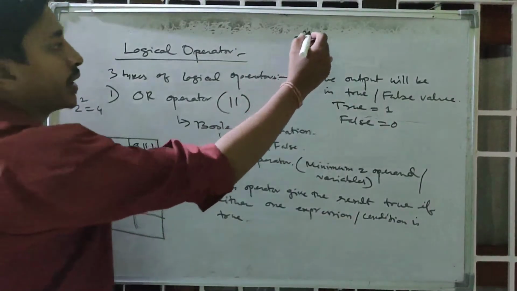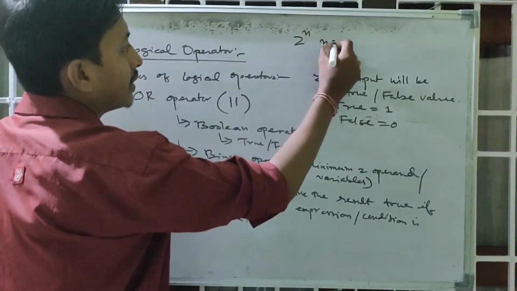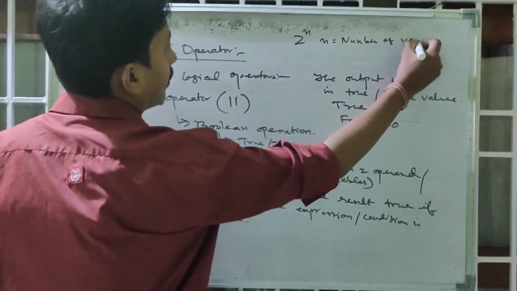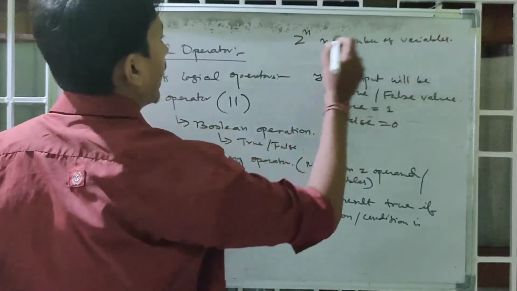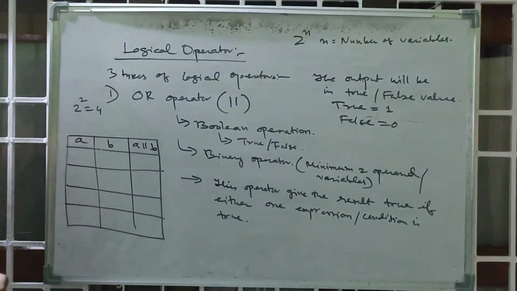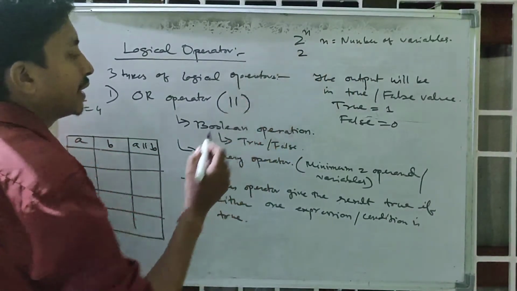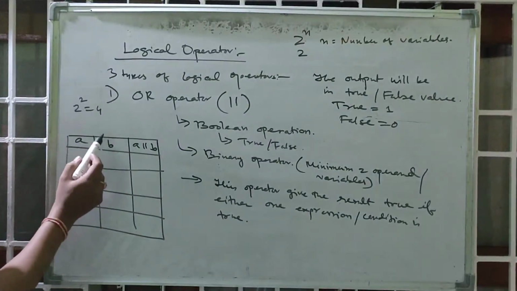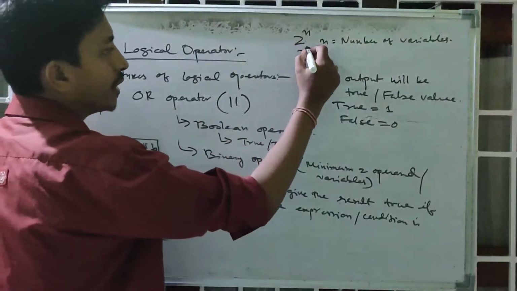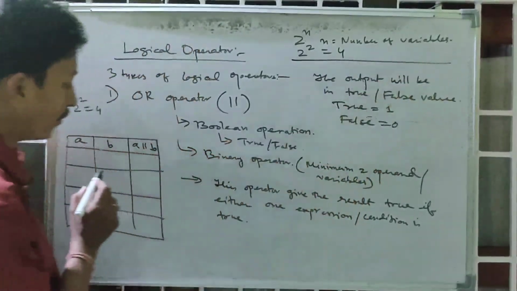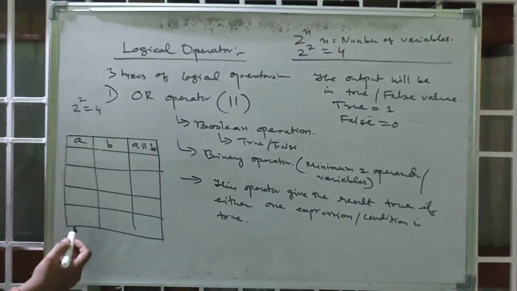N means the number of variables, and 2 is because it is binary. Here the number of variables is A and B, two variables. That's why 2 to the power 2 is equal to 4. Means there are 4 possibilities in this truth table.